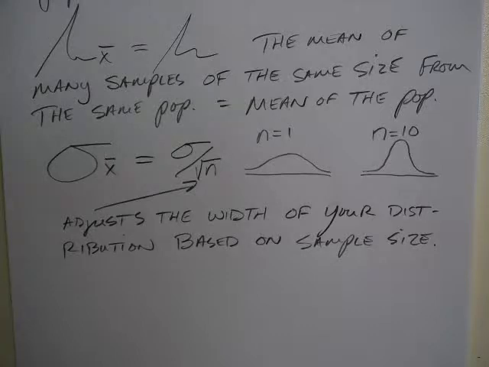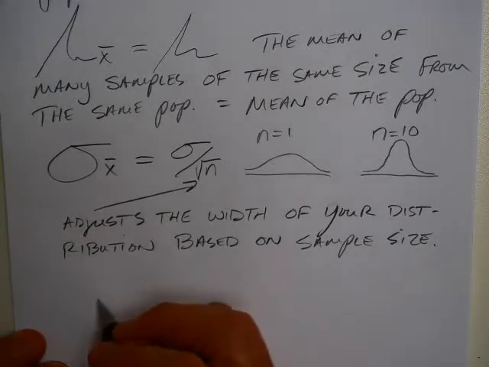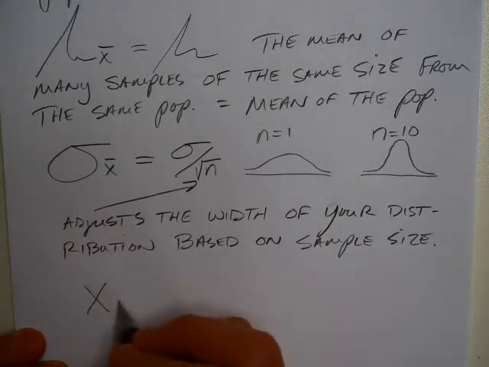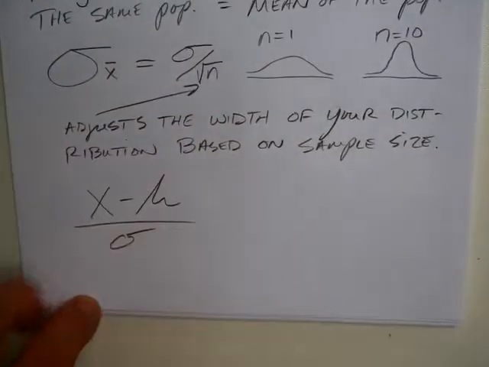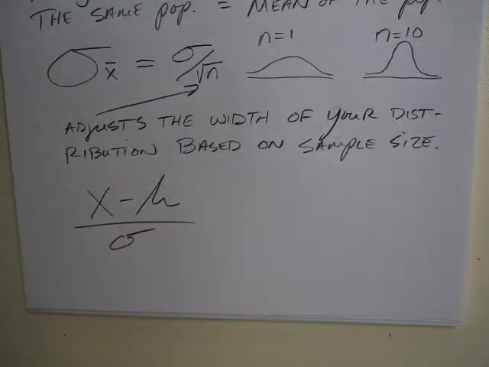And that being, instead of what we've done in the past, which has been x minus mu over sigma, now what we're looking at is many samples.